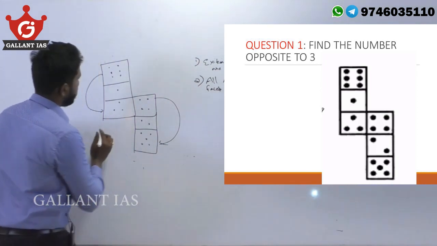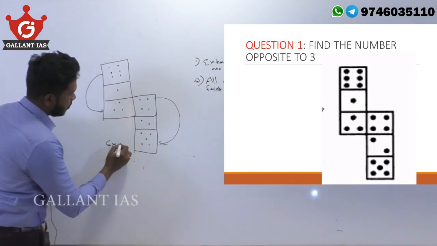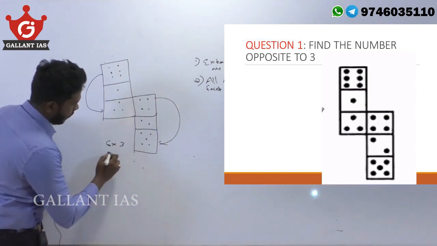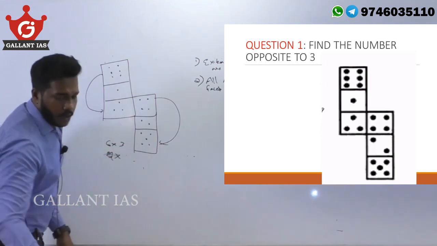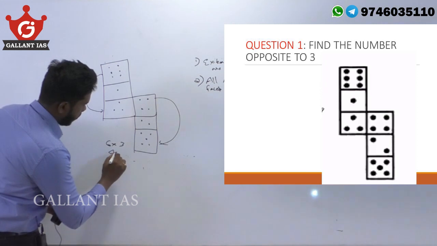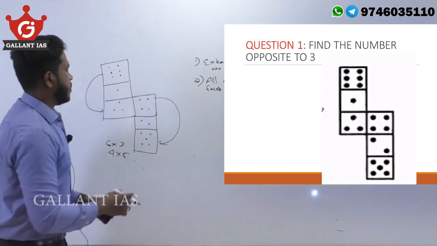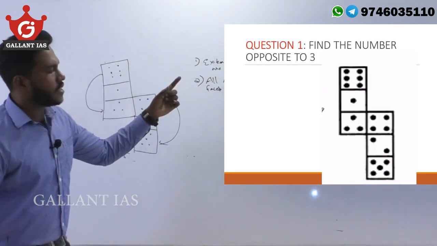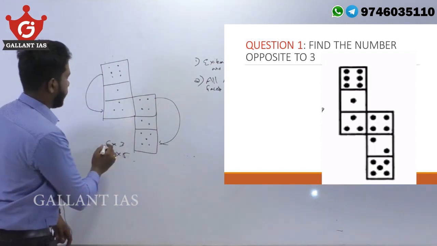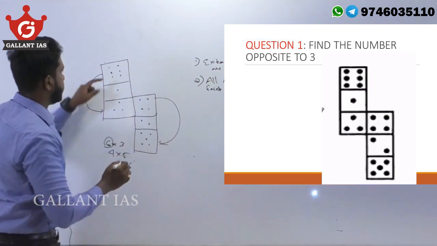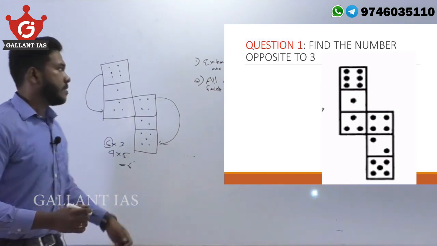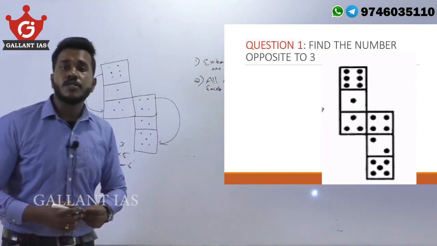That is, 6 is opposite to 3 and 4 is opposite to 5. So what's our question? Find the number opposite to 3. Simple, we got the answer. The number opposite to 3 will be 6. That is from the second property: the alternative faces will always be opposite to each other.